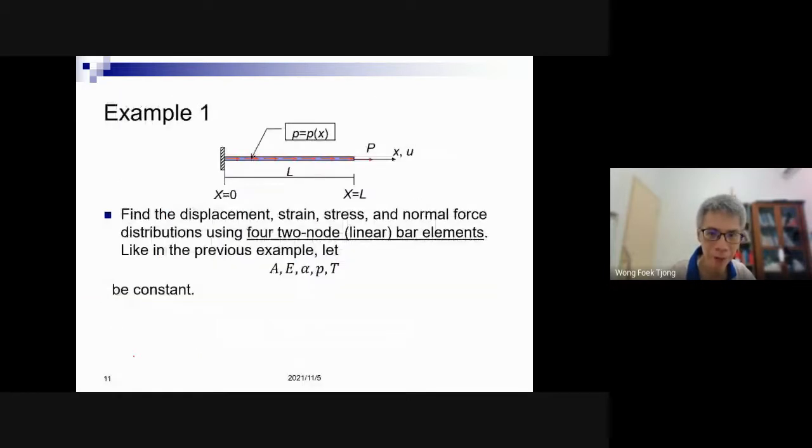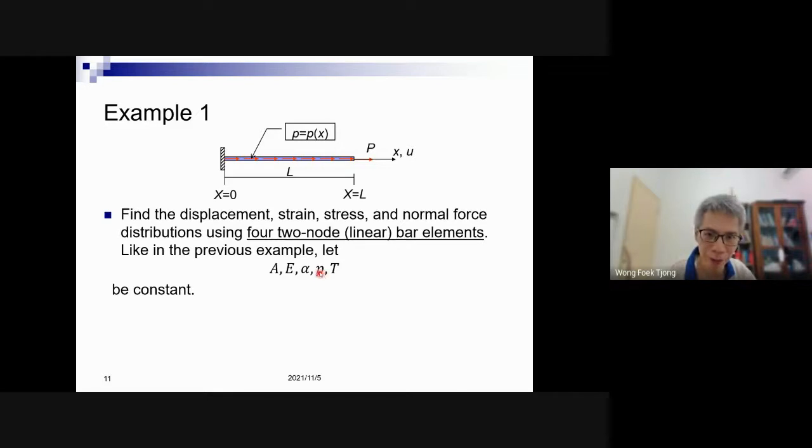Okay, let's begin by the first example. The simplest example, right? Well, this is the prismatic bar, fixed-free, and then the length is L, subjected to P at the right end, and also constants. Let's say this is constant now, okay?